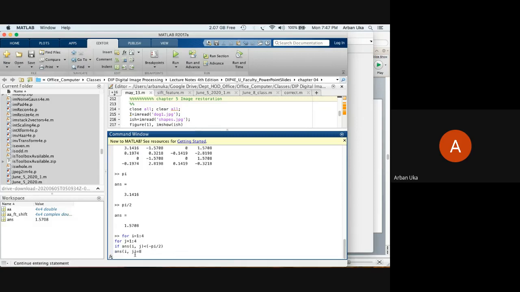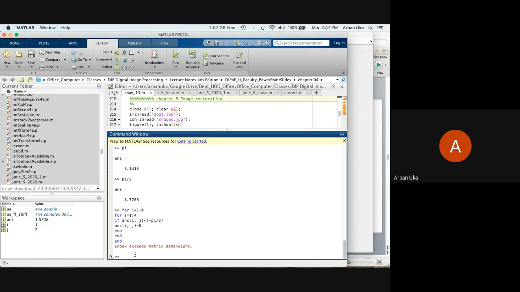Let's say 8 and index. Okay, so it looks like we did not do a good job.